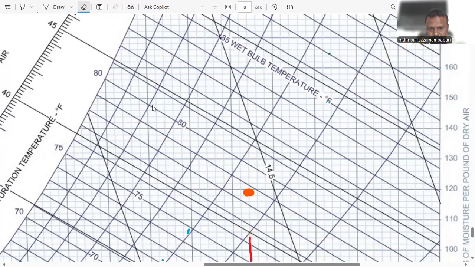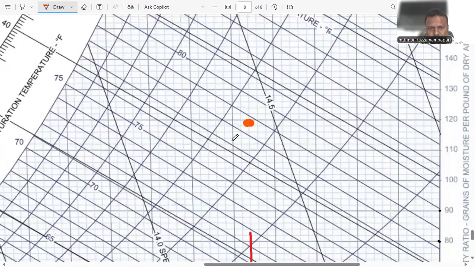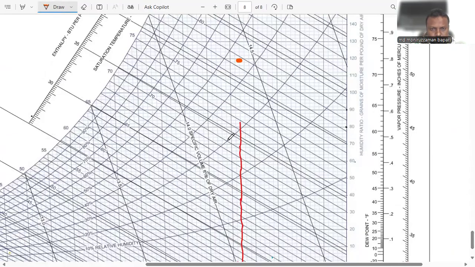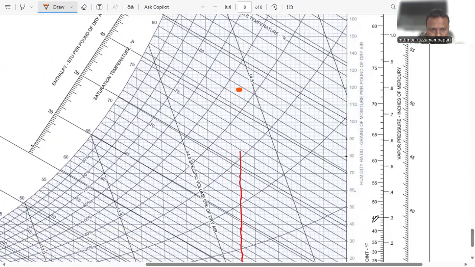Manually find out. Okay. So we need to find out relative humidity. The relative humidity would be in between 40 and 50.